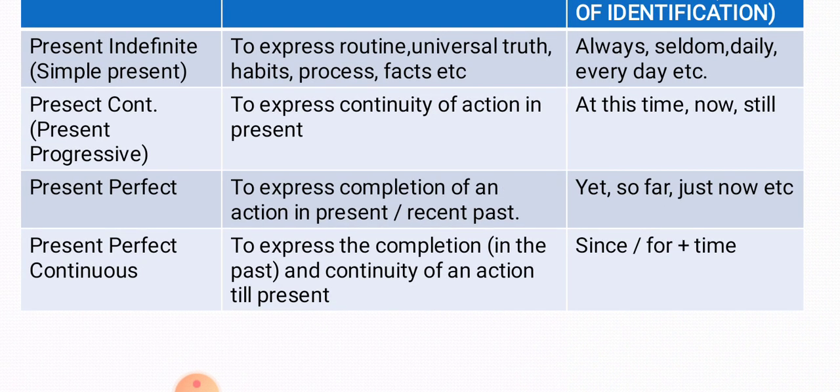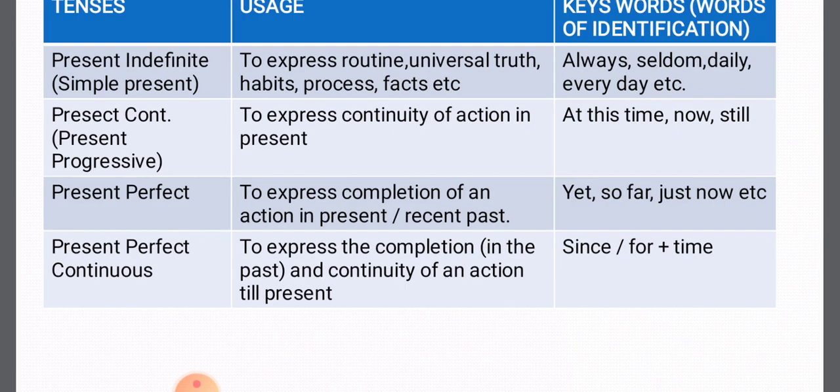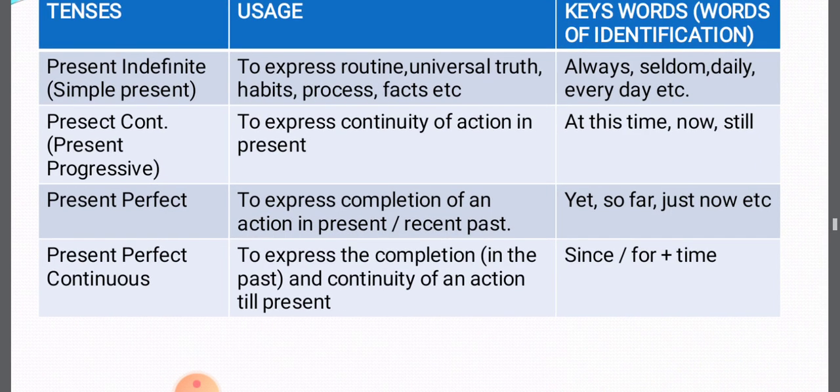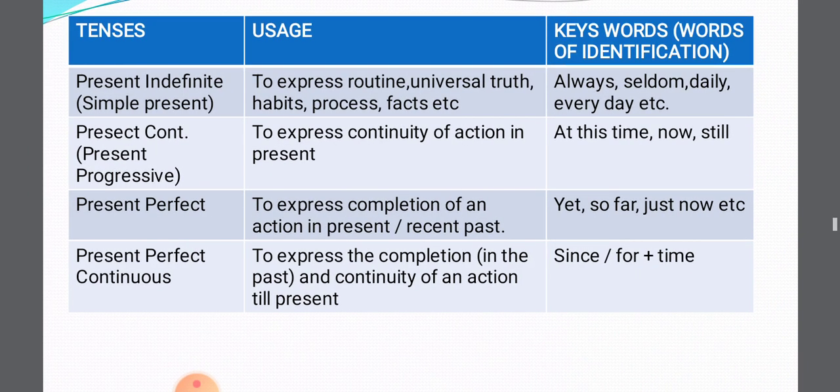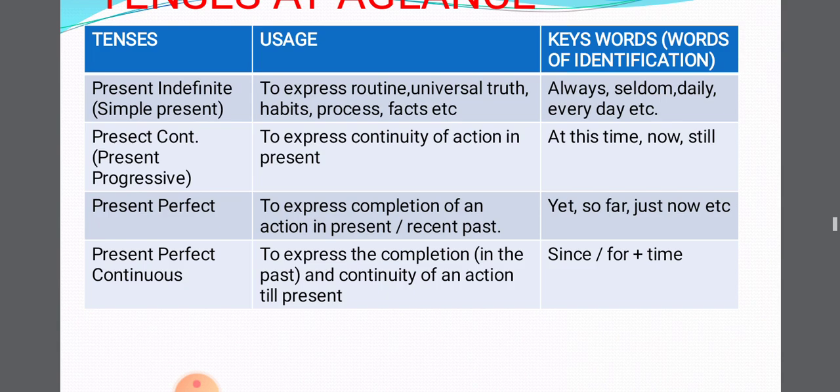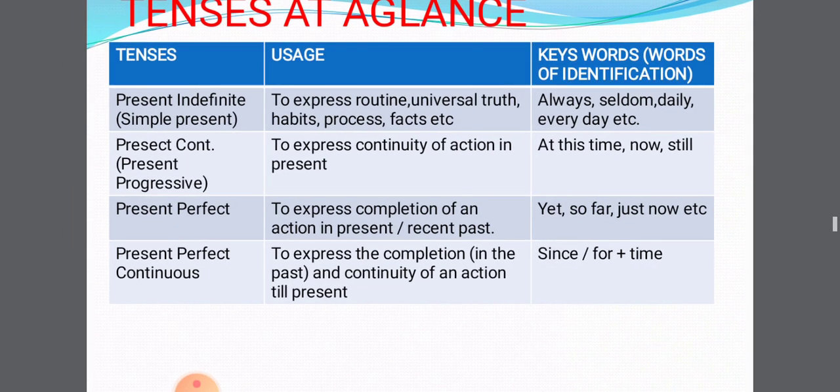It's not like it has been stopped. It is continuing in the present reference also. And the keywords, since or for, if you see, and along with that a reference of time. For example, I'm studying in this school since 2015. All right, so in this way you may frame sentences and the uses of it.